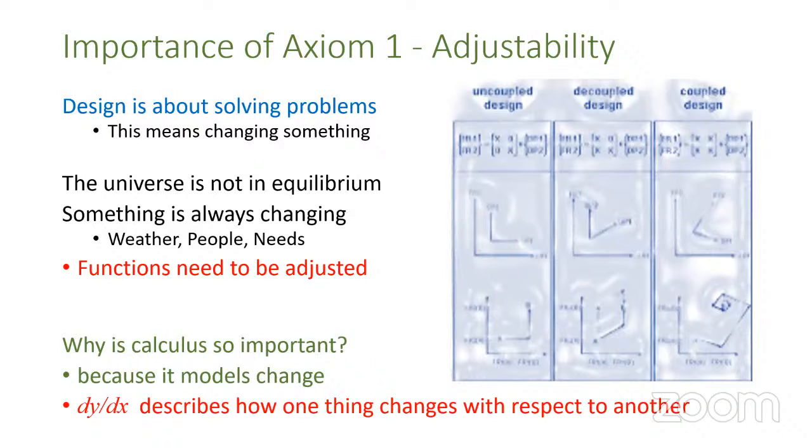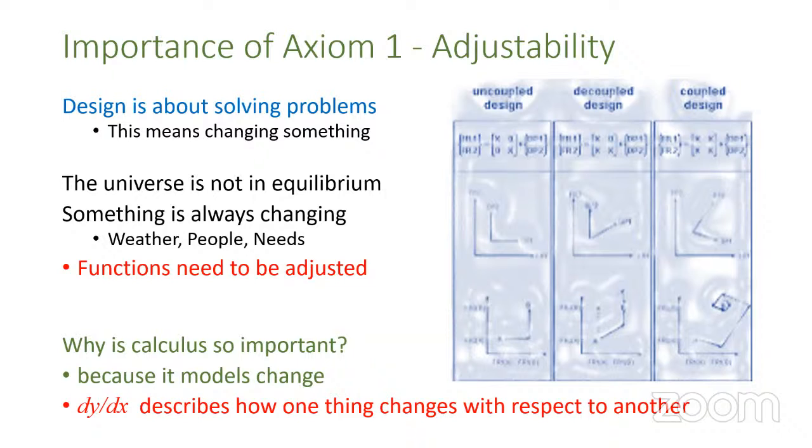So adjustability, axiom 1. Let's take a closer look at axiom 1 for a moment. Design is about solving problems. That means we're going to change something, and things are always changing. The universe isn't in equilibrium. Functions need to be adjusted. If we think about change for a moment, why is differential calculus so important?